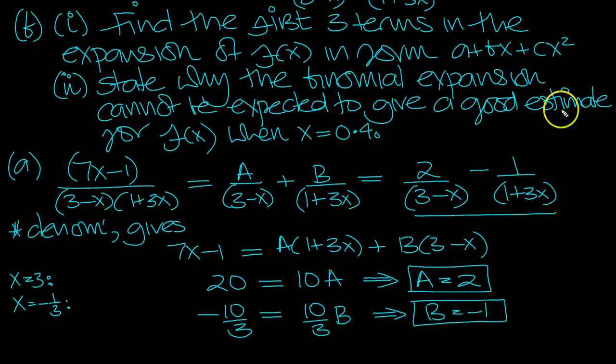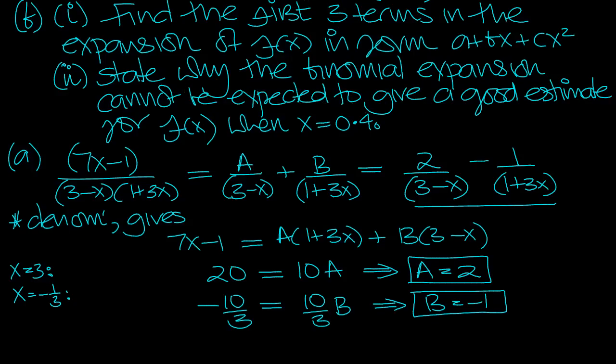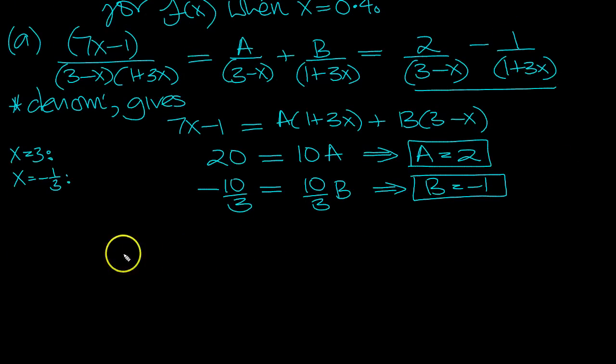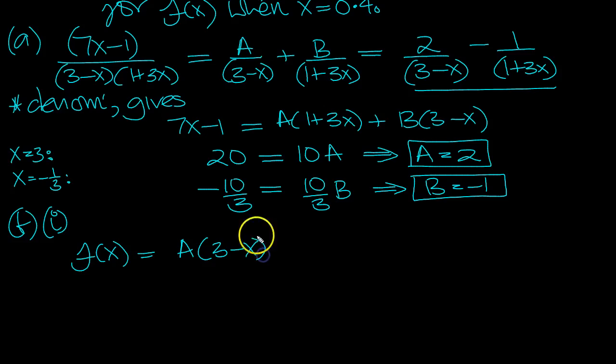Find the first three terms in the binomial expansion of f of x in this form. So f of x is equal to a times 3 minus x to the minus 1. A was 2, so let's put 2 in here, and then minus 1 plus 3x to the minus 1.